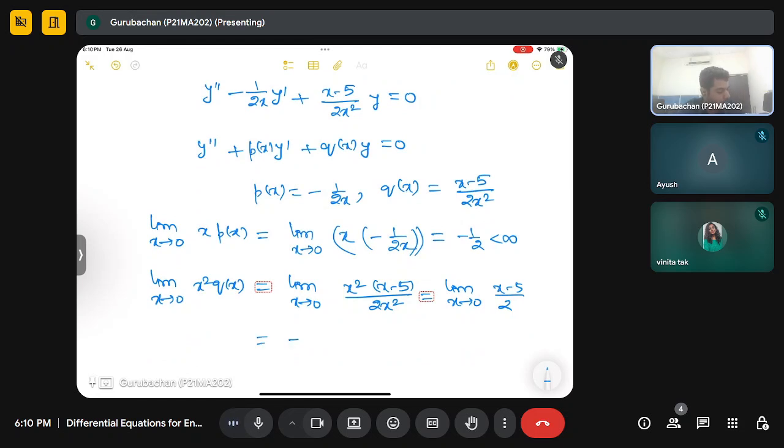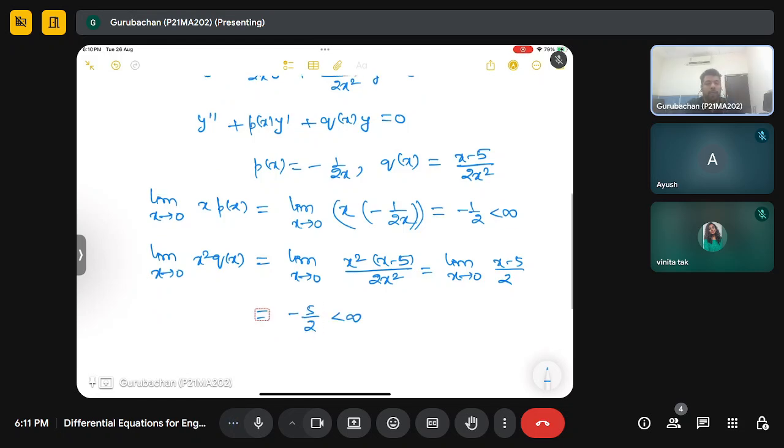This gives -5/2, which is finite. Both quantities are finite, so we can say that x = 0 is a regular singular point.